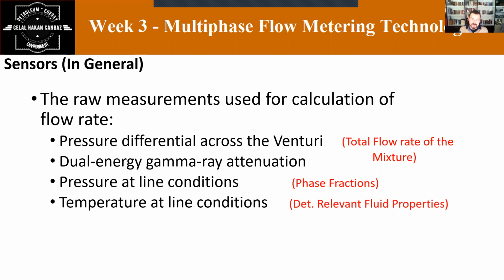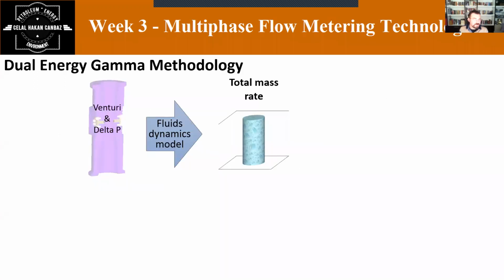So let's visualize this. You have a venturi and you have a delta P in this venturi. You put the results from the venturi section into a fluid dynamics model, and you get the total mass rate.